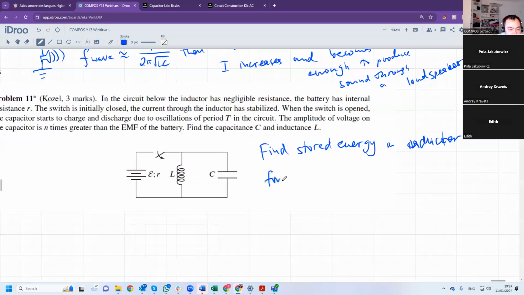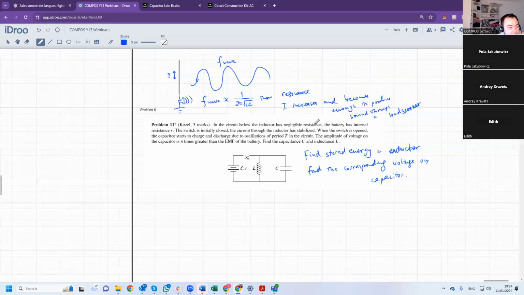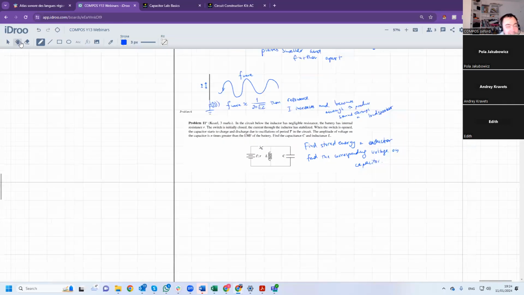Then find the corresponding voltage on capacitor. So that's my hint for this question. This is problem 11 from the assignment.